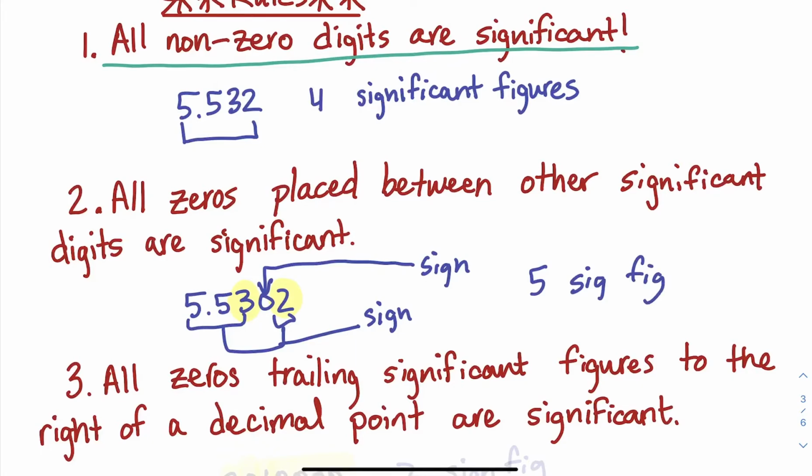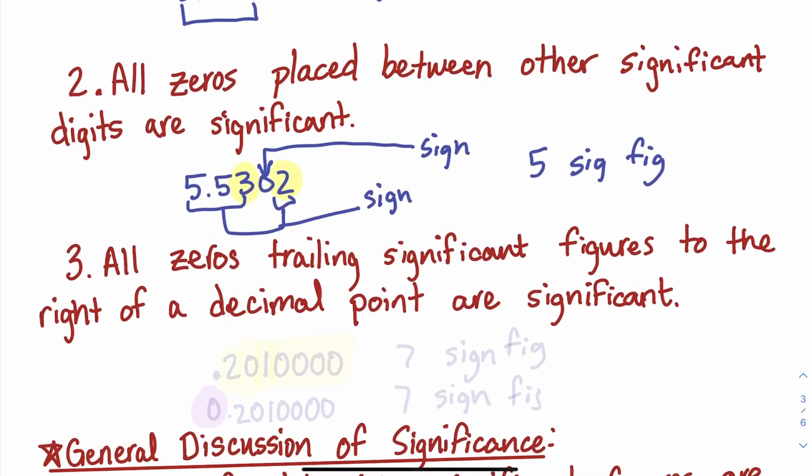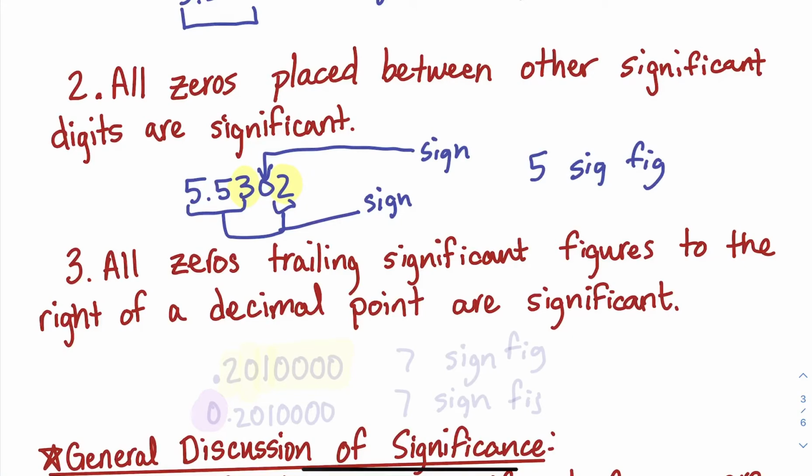Next thing to realize is that all zeros trailing significant figures to the right of a decimal point are significant. So in other words, if I was given, let's say, 0.201000. Well, in this case, the first thing that we should do is apply Rule 1 and realize that we have a 2 and a 1. So the 2 and the 1 are both significant.